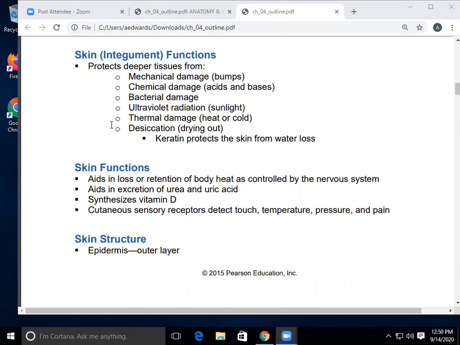Protects you from bacteria, microorganisms, protects you from ultraviolet radiation, protects you from severe heat or severe cold, and protects your body from drying out. Okay, keratin is a material in your skin, keeps water from leaving.